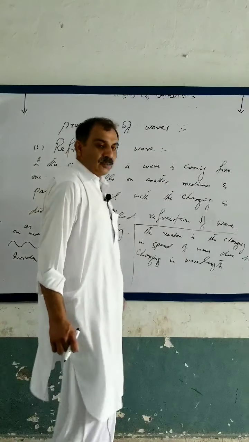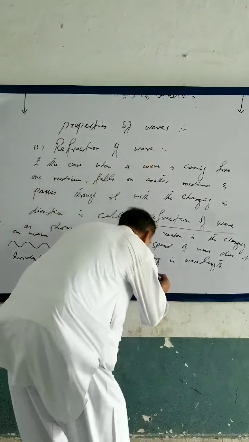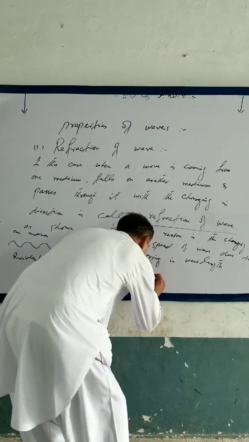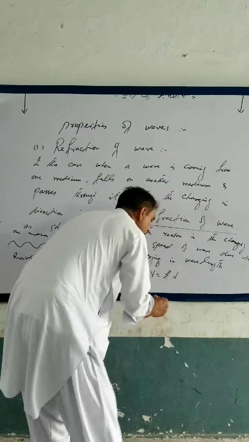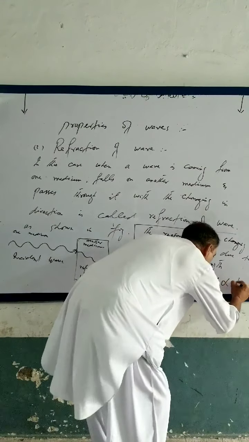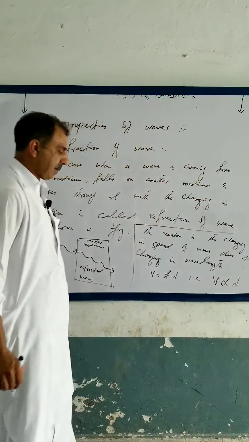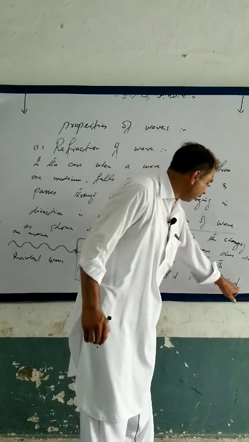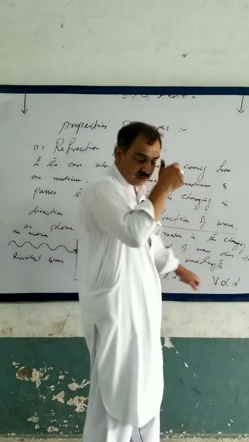According to the universal wave equation, V is equal to F lambda. That is, V is proportional to lambda. Greater the wavelength, greater will be the speed. Smaller the wavelength, smaller will be the speed.